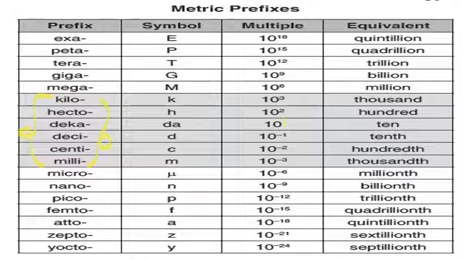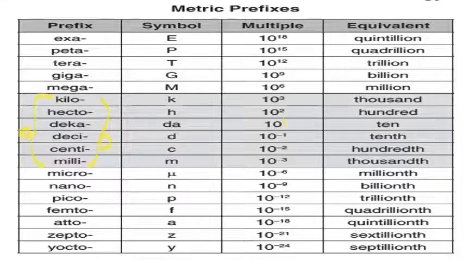So, it is not necessary to write the exponent 1, because all numbers are understood to have an exponent of 1. Next is deci, or small letter d.